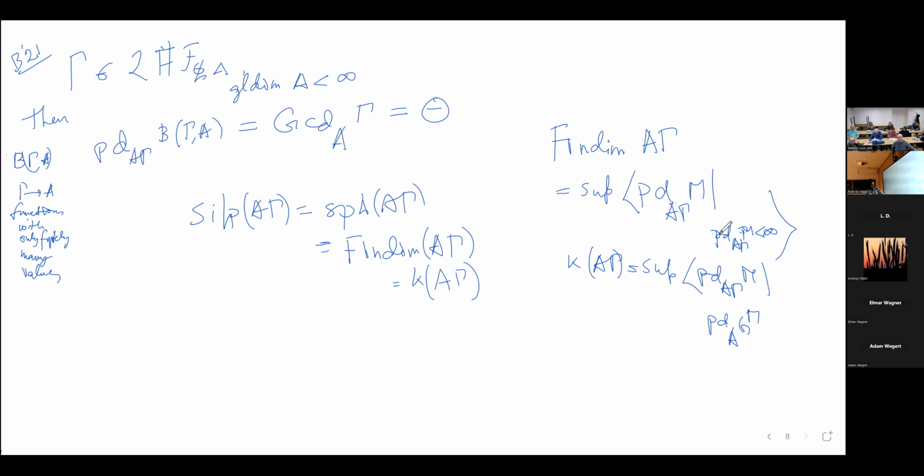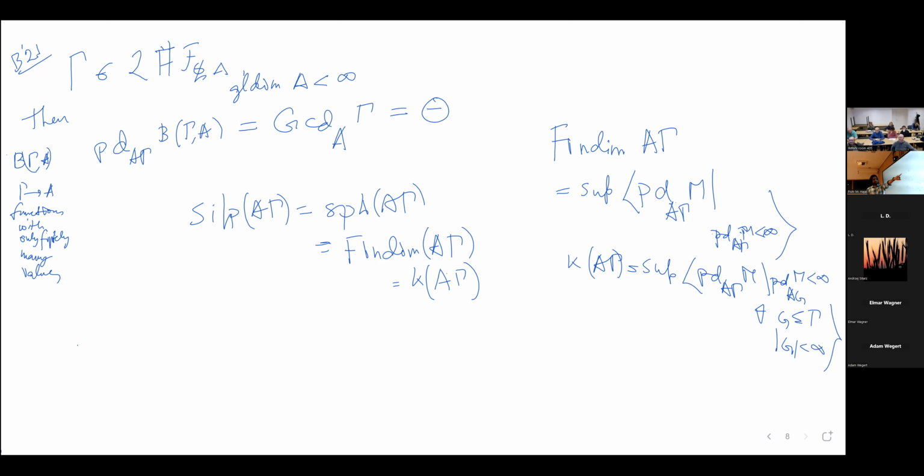Such that my M's have finite projective dimension over all finite subgroups.